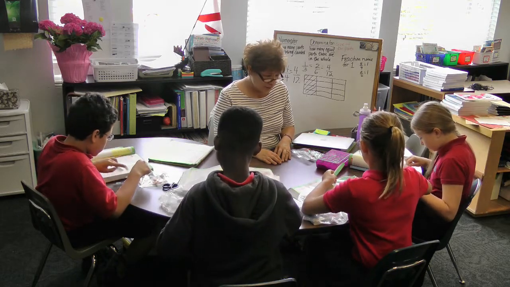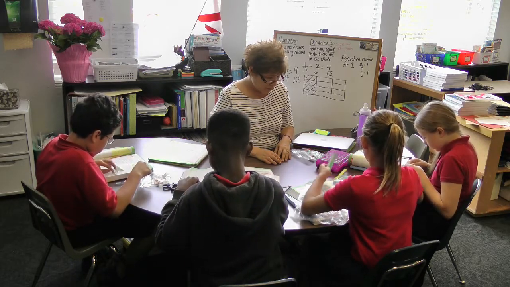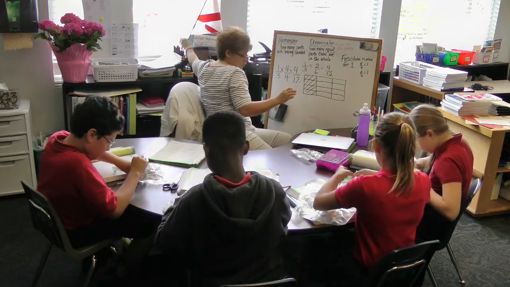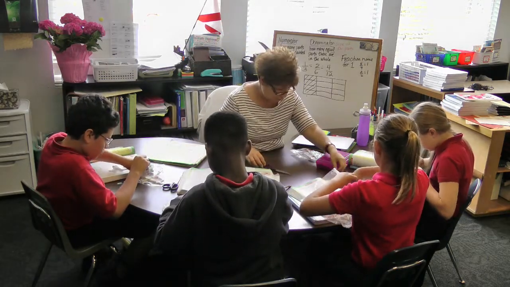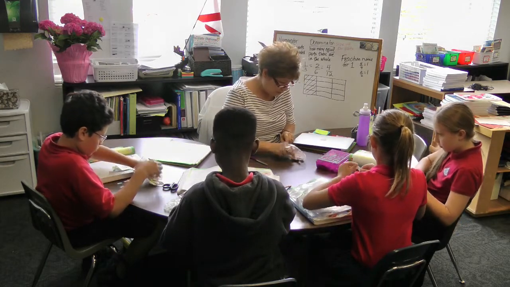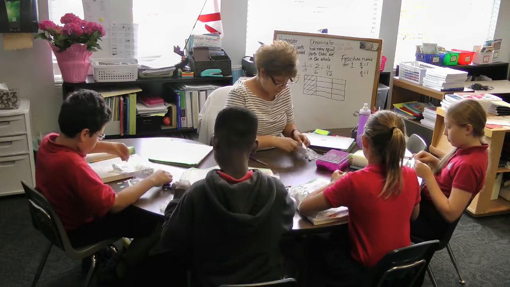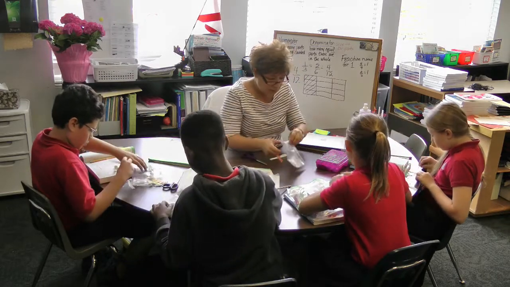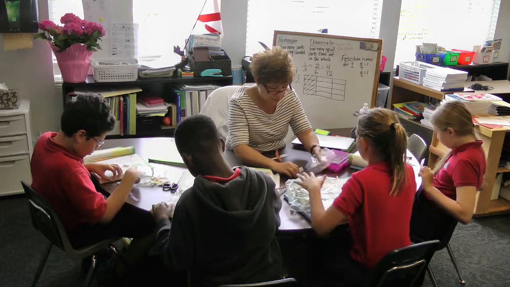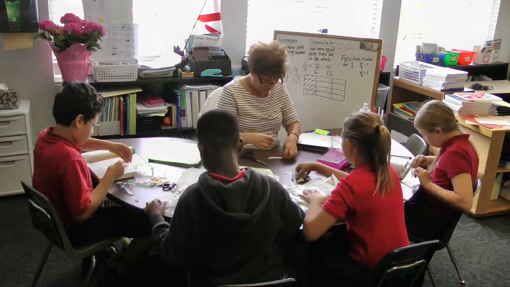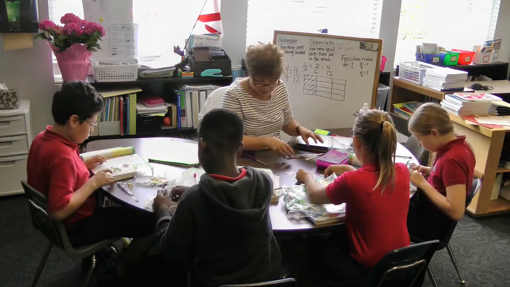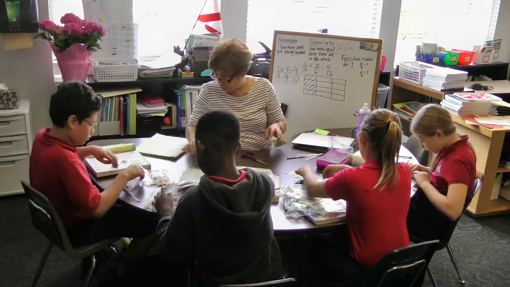Okay, so go ahead and take those out. If you haven't, go ahead and use these because these are cut apart. They have to be all cut apart so that you'll be able to manipulate them. Okay, so get out your 4ths and your 8ths.